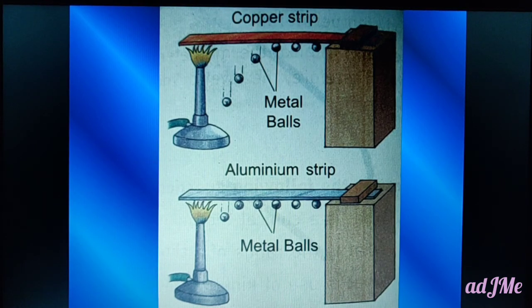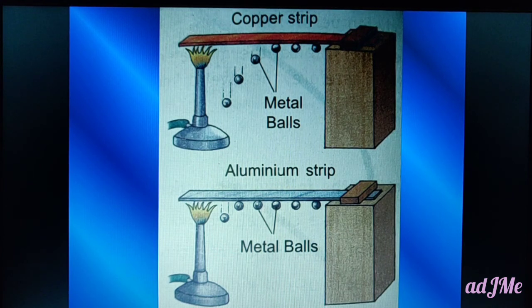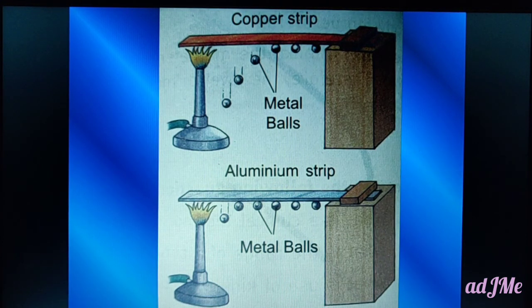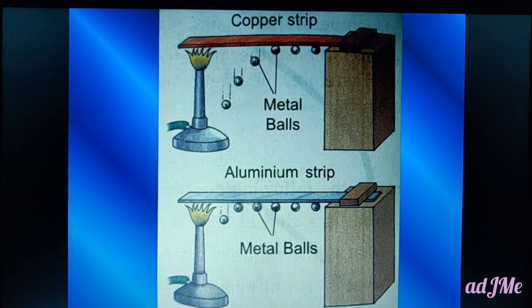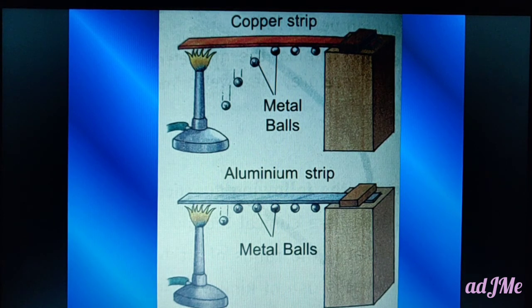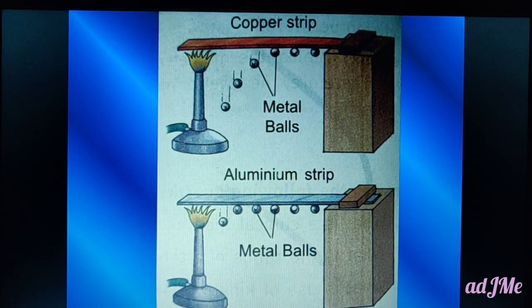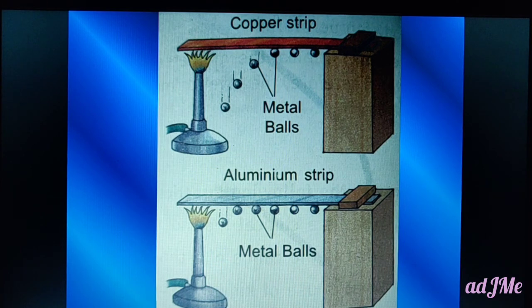There is an activity in our book to explain the different rate of conduction of heat in different materials. For this we can go for a copper strip and an aluminum strip, to which you have to apply wax on one side of the copper strip or aluminum strip, and on this wax we have to place the metal balls.